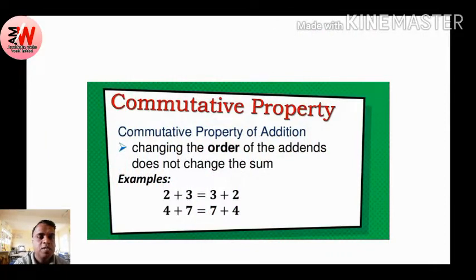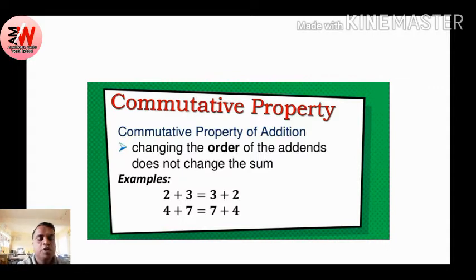The first one is the commutative property. What is the commutative property for addition? Changing the order of addends, addends means numbers, does not change the sum. See here, the example is given: 2 plus 3 equals 3 plus 2. 2 plus 3 is 5, 3 plus 2 is 5, so 5 equals 5. 4 plus 7 is 11, equal to 7 plus 4, which is also 11. Interchanging the order of the numbers, the sum is always the same.